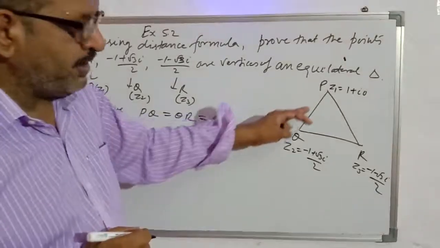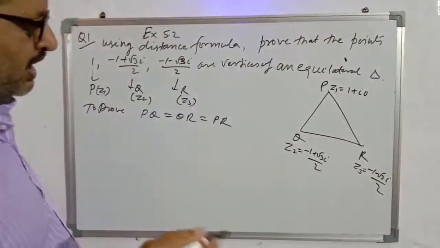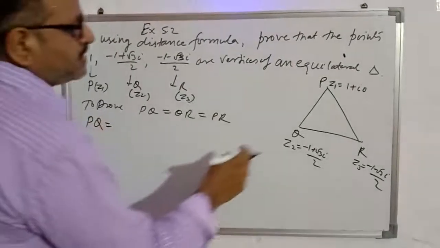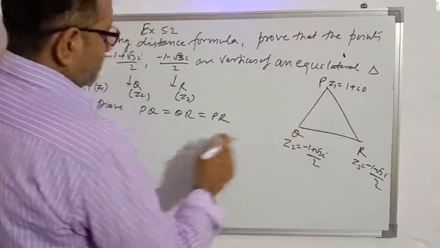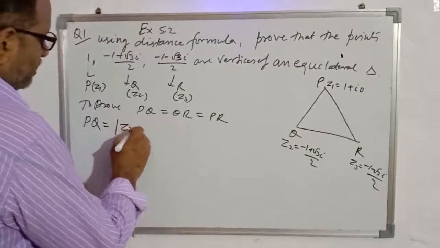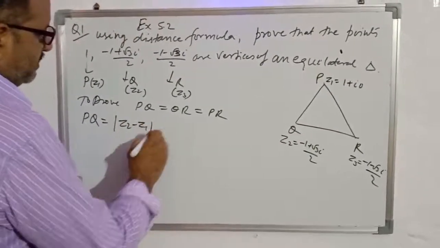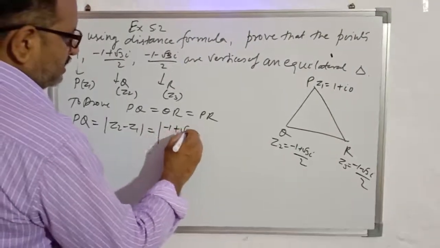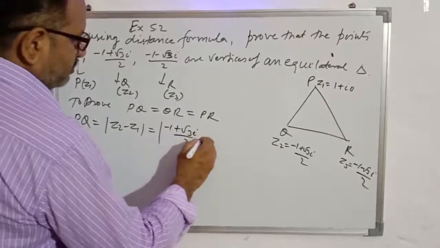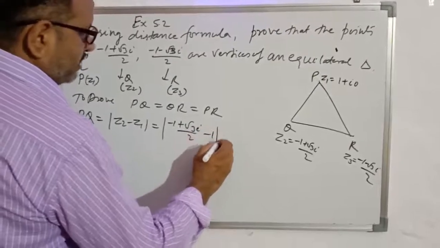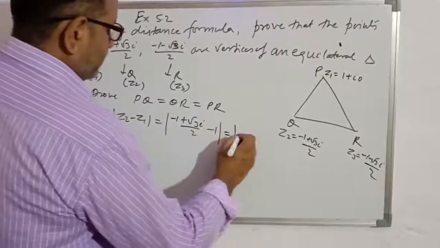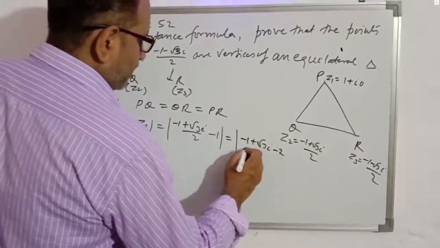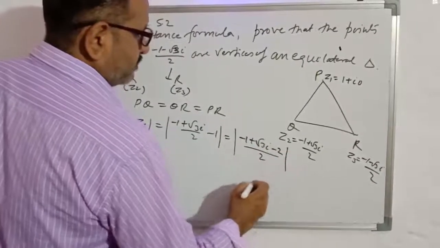How can we find PQ? Using the distance formula, which I have told you. PQ is equal to what? P is Z1, Q is Z2, so mod of Z2 minus Z1. Write Z2, minus 1 plus root 3i by 2, minus 1. Simplified, minus 1 plus root 3i minus 2 upon 2.